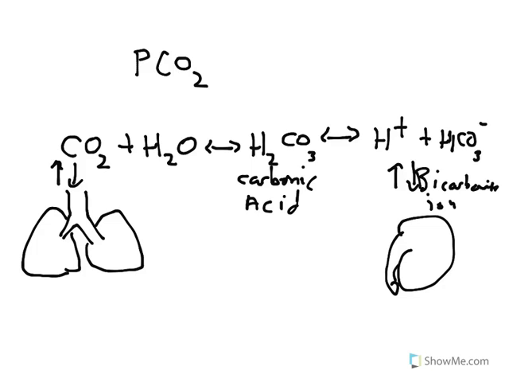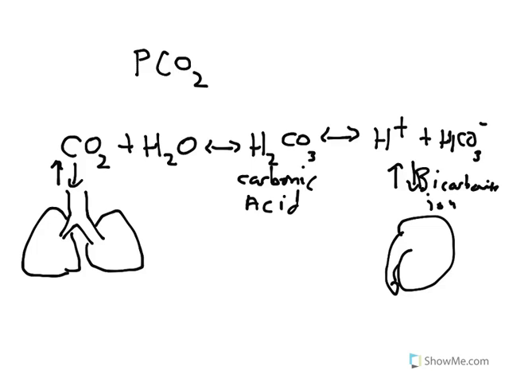And then the kidneys can excrete more hydrogen ions or reclaim more hydrogen ions, or excrete bicarbonate or retain more bicarbonate ions, even go to the point of making bicarbonate ions in the kidney. So each of these organs affects both sides of these equations.